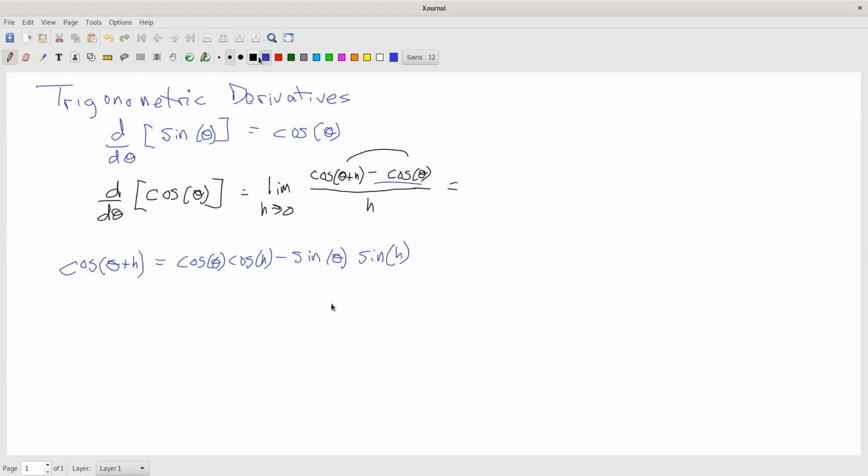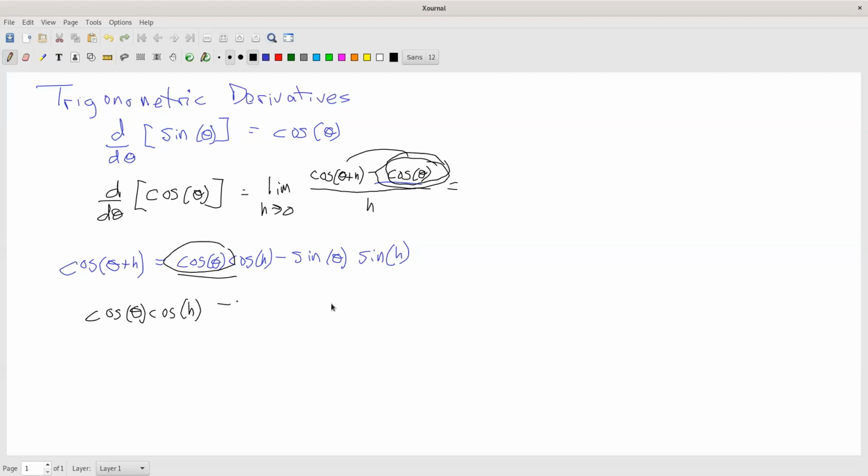Now I'm going to regroup things a little bit. I have to subtract a cosine of theta. There happens to be a cosine of theta right here, so I'm going to put those guys next to each other. So reordering that numerator, I have cosine of theta, cosine of h, this first term here. And then I'm going to bring this minus in there.